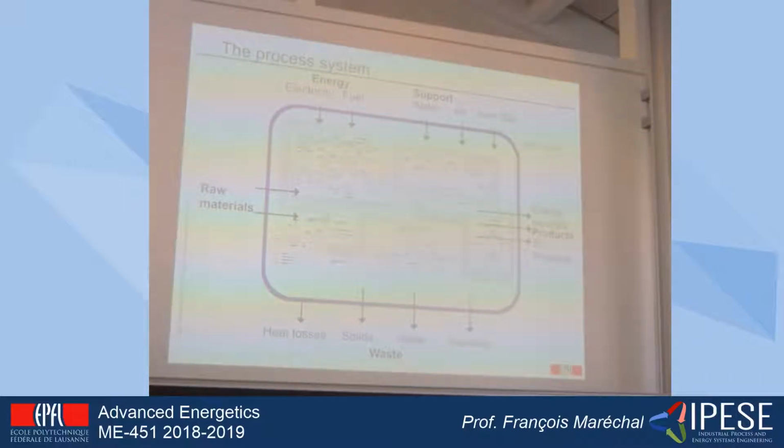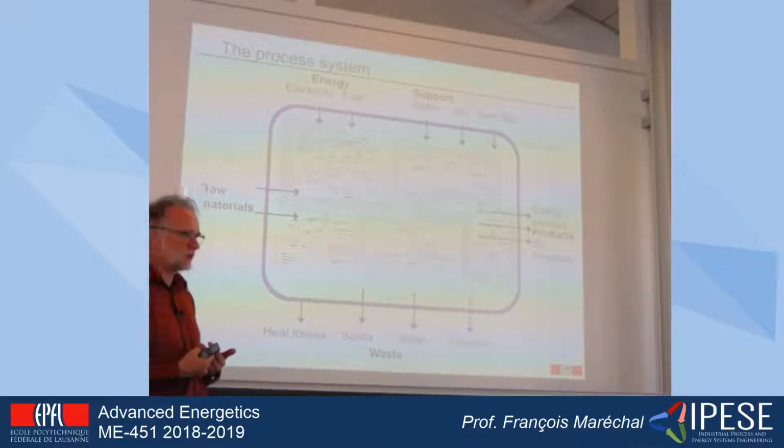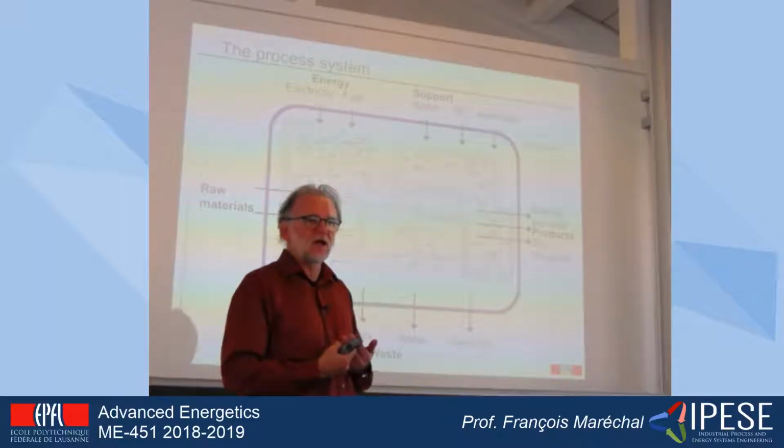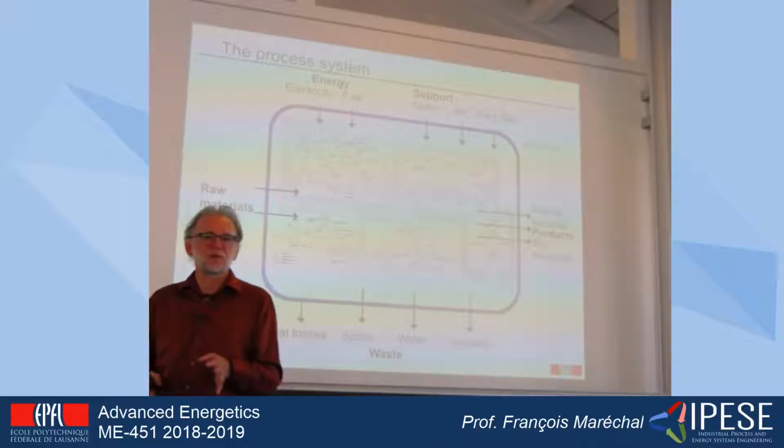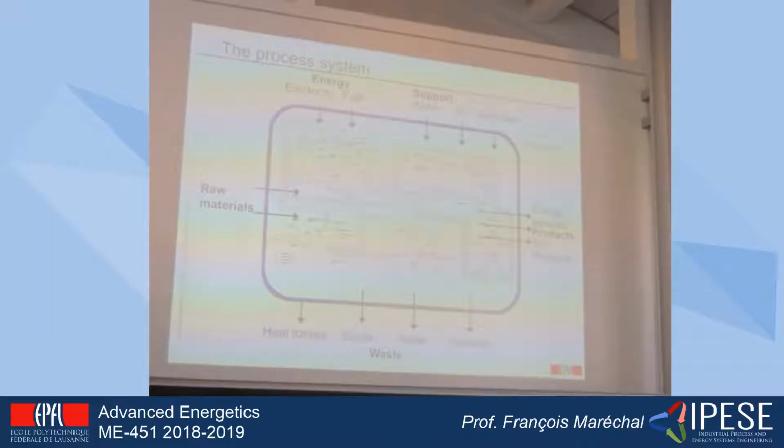As the system is not 100% efficient, the part of the energy that will not end up in the products or the energy services will end up as waste that will be released in the environment, and that will create the emissions of the system.